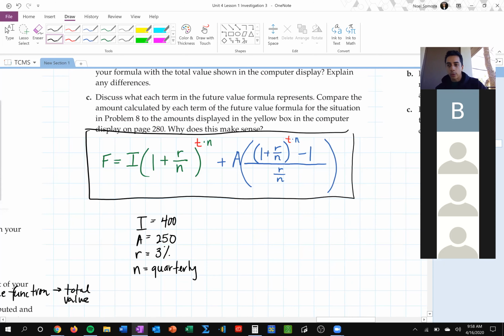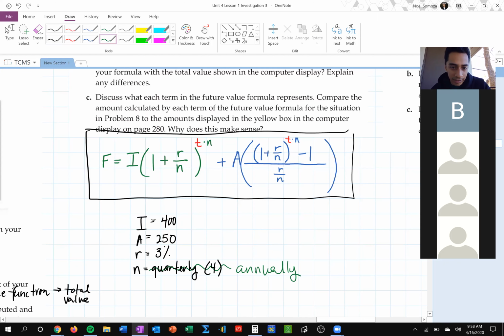Right? And because things are quarterly, that means 4 times in a year. Okay, now we have the option to be able to find that final value, because before we introduced n into the formula, we were assuming that the only way it could have been done was annually.